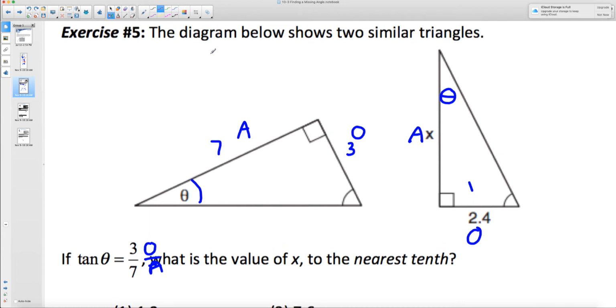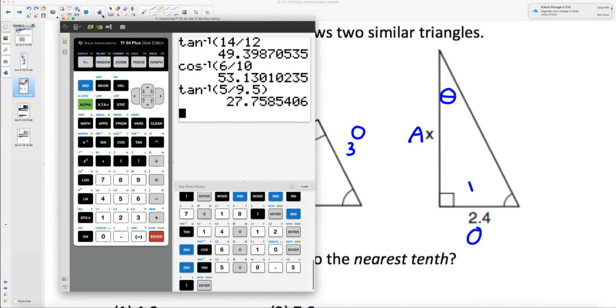So let's just set up a proportion. I could say something like 3 to 2.4, 3 over 2.4 is equal to 7 over x. You could have set up some other similar proportion, but as long as you cross multiply and get 3x equals 7 times 2.4. Let's go ahead and just do 7 times 2.4.